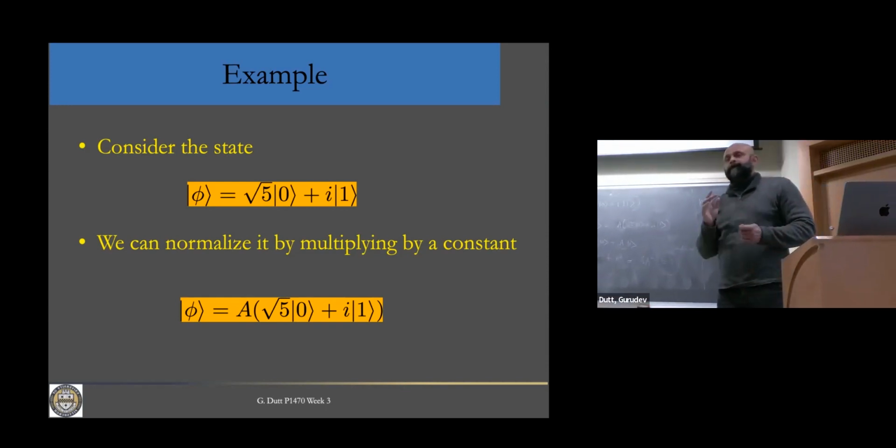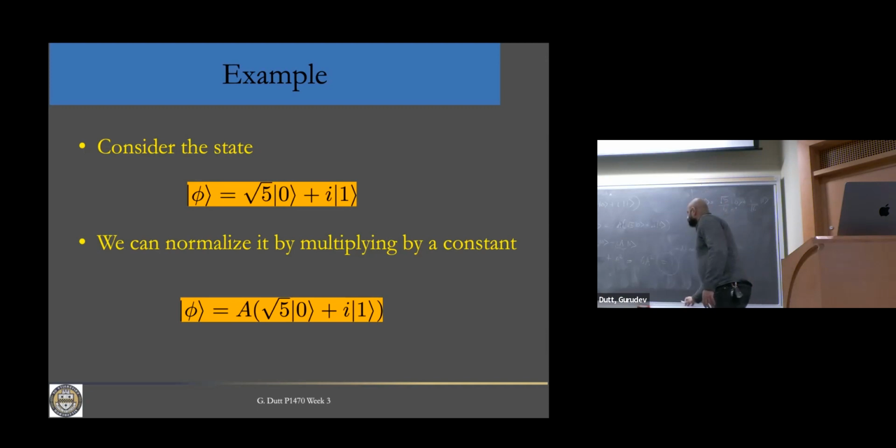So we square the square root of 5A, you get 5A squared, and IA. Should it be minus A squared? You're squaring I. No, it's the mod, the norm squared. The norm of I squared is not equal to I squared.